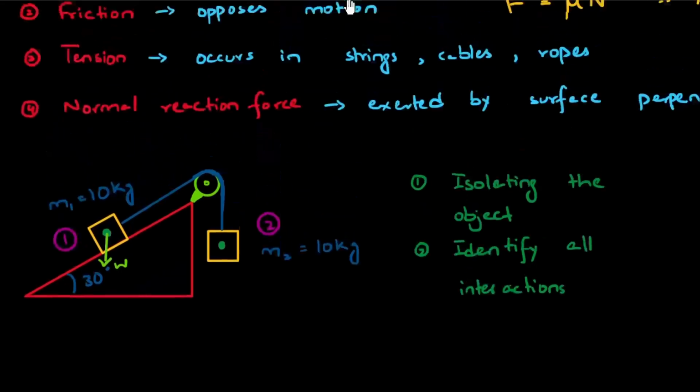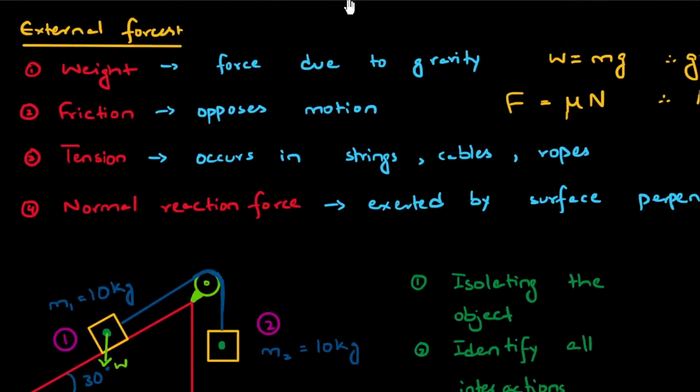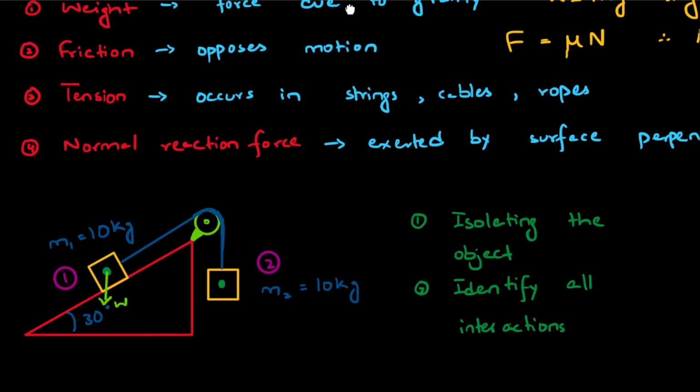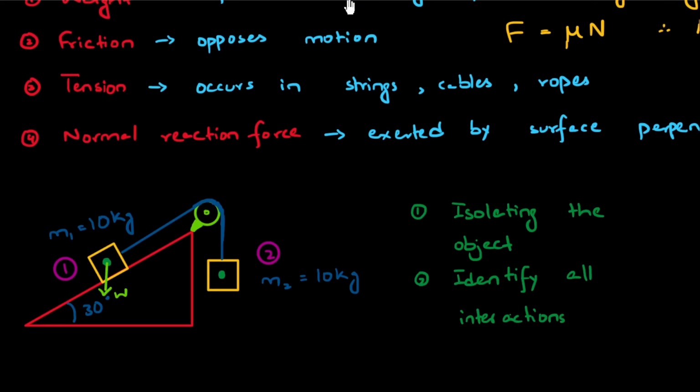the surface. Among the four external forces we talked about, friction and the normal reaction force are both dependent on contact with the surface. Friction depends on whether the surface is rough or smooth, and depending on your situation, you may choose to ignore friction for certain scenarios. But normal reaction force will always be present.